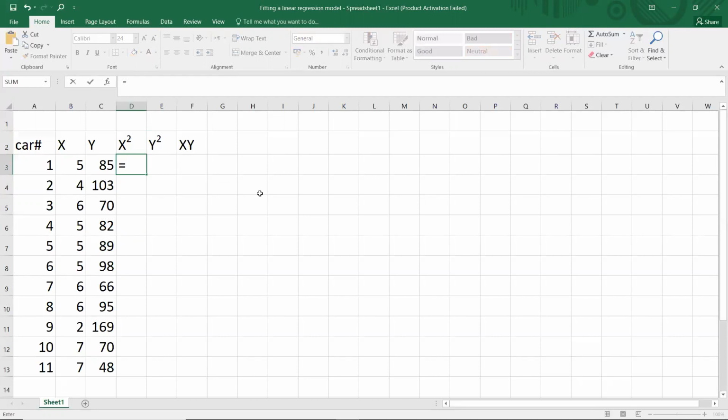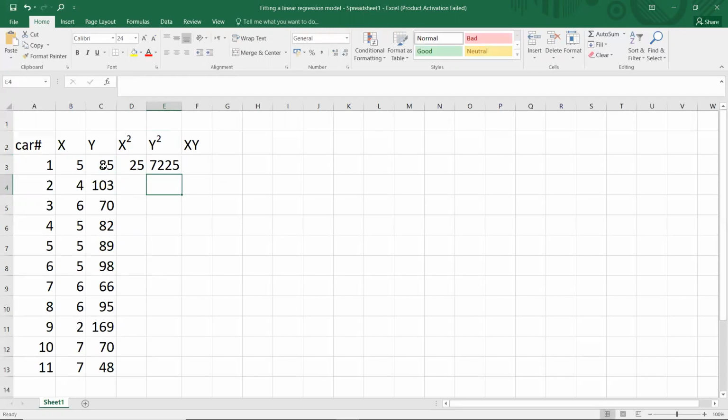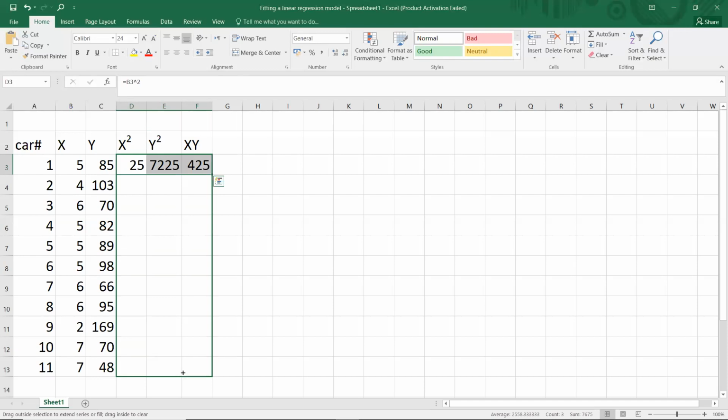Now this is the x square formula, then y square, and x into y, the product of B3 multiplied by C3. Now we have to select these 3 cells and copy them.